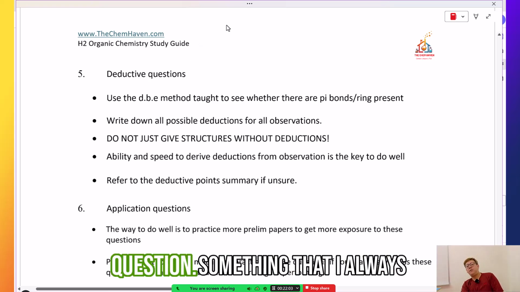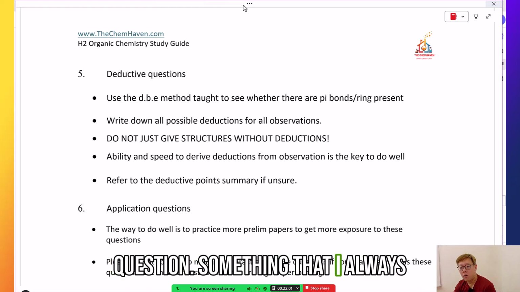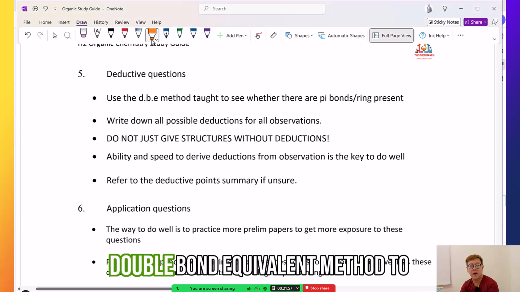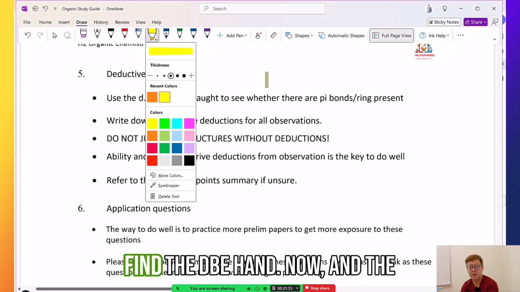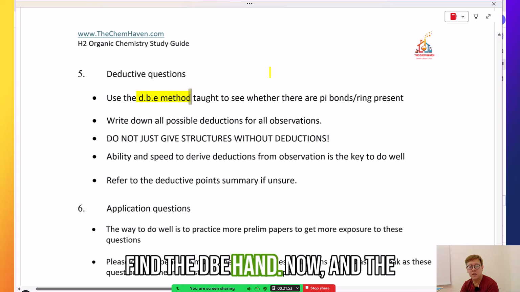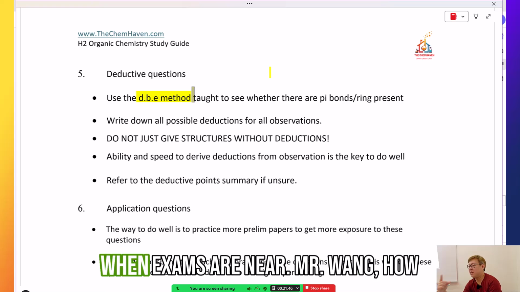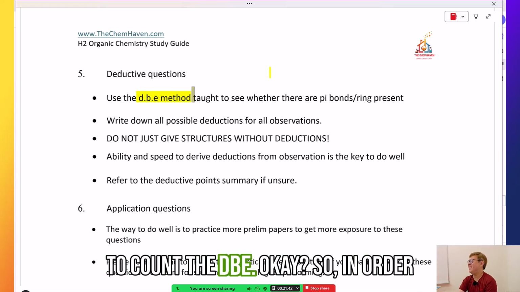For deductive questions, something that I always emphasize is to always use the double bond equivalent method to find the DBE. Can? And the question I always get from students when exams are near: Mr. Wang, how to count the DBE?